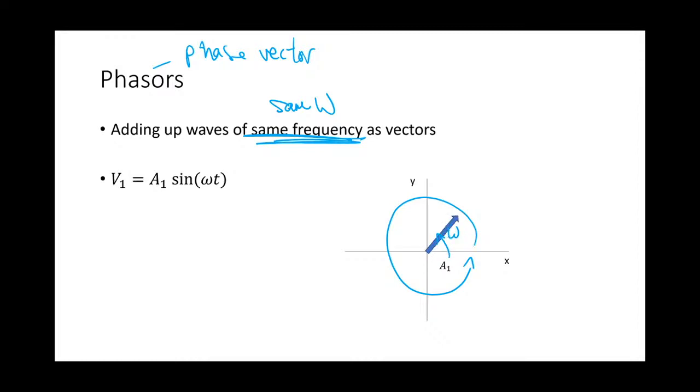So the representation is, we represent the sine function as this vector that's spinning in space. Well, how does that make any sense? If we plot the y value over time as it spins, it's going to go up and down like that, which gives you the sine function.